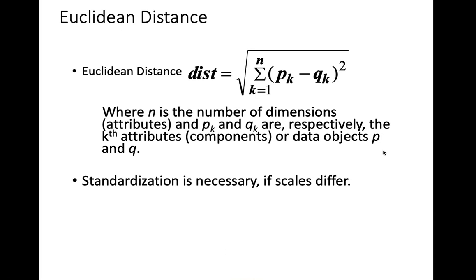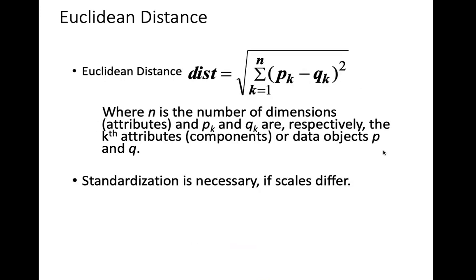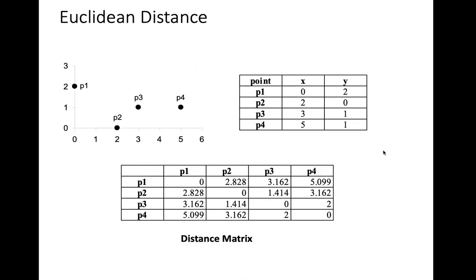Basically, your Euclidean distance, for a plane, is just with 2 dimensions. There is also a generalized distance, so for k dimensions, this is the Euclidean distance. This is some kind of example.